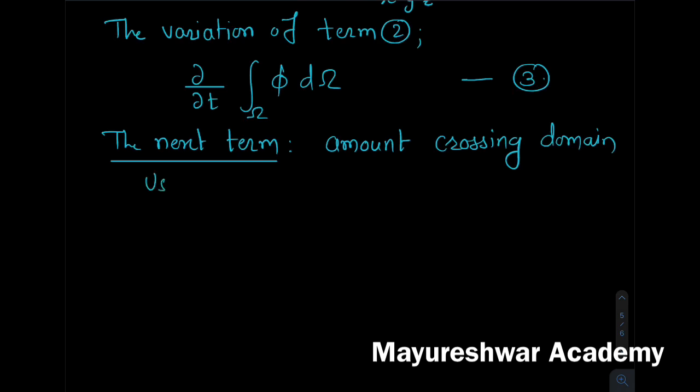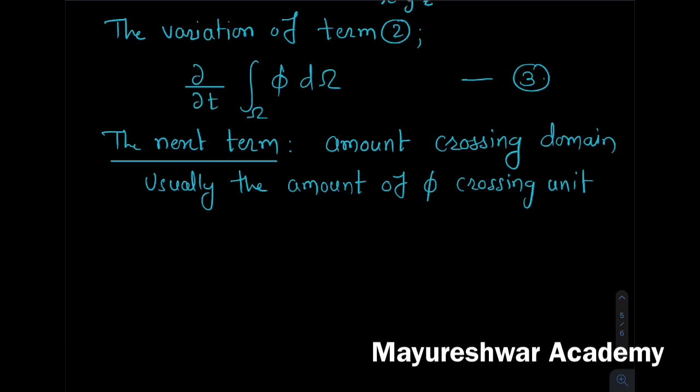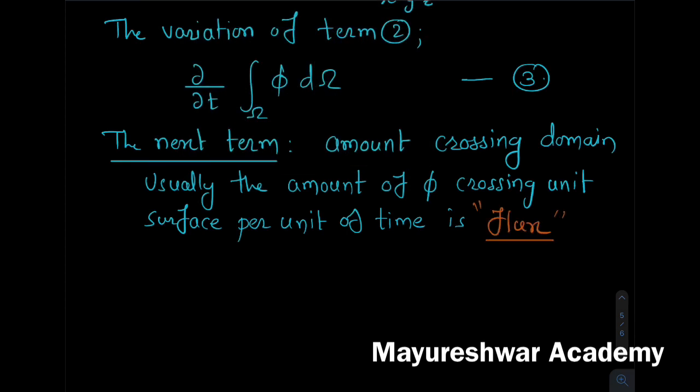In general, usually such terms, that is the amount of phi, which is a flow property, crossing unit surface per unit of time, is called flux. The quantity is usually indicated by the term flux.